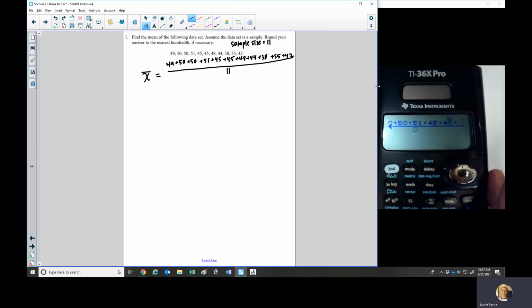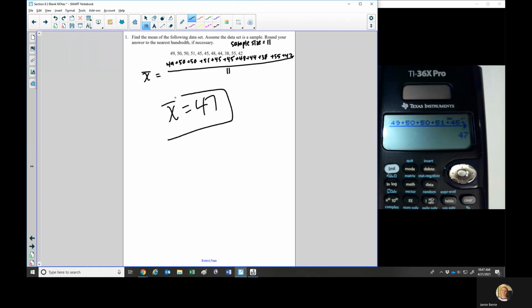Then 48, 44, 38, 55, and 42. And then we're dividing by 11. And there's our sample mean, or our arithmetic average: 47. So x bar is 47.